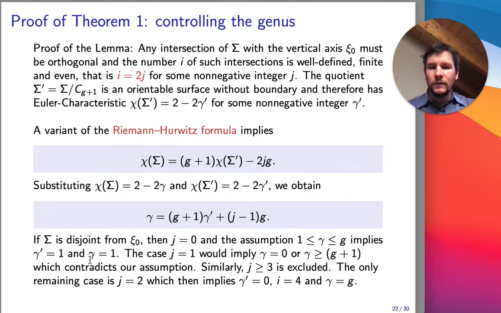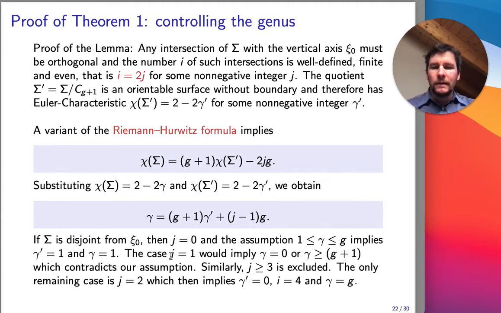So if sigma is disjoint from this vertical axis, then the number of intersections is 0. So j is 0, and then we just get minus g here. And the assumption that our gamma lies between 1 and g implies that gamma prime must be 1 and gamma must be 1. Okay, it's the only way to solve this.